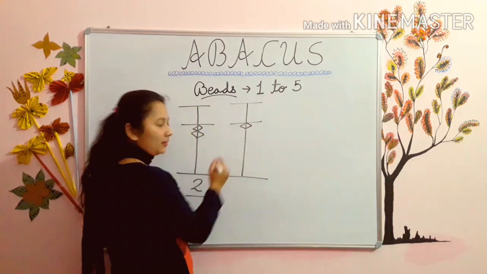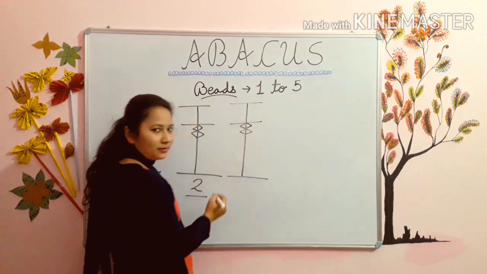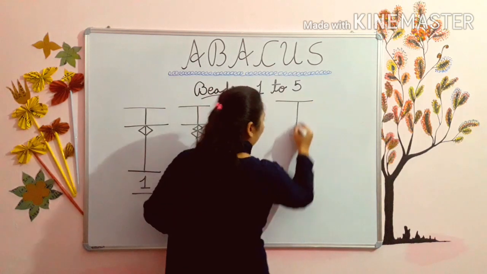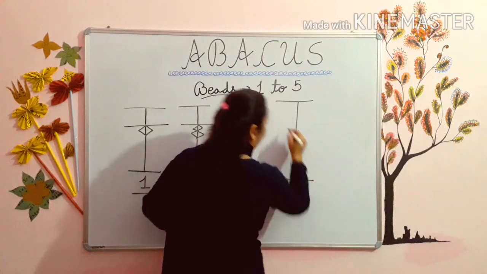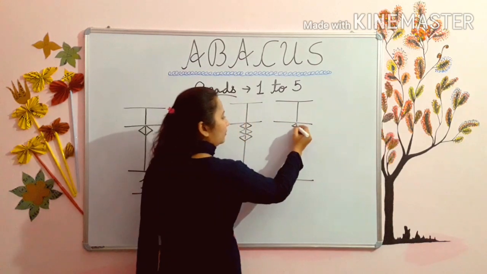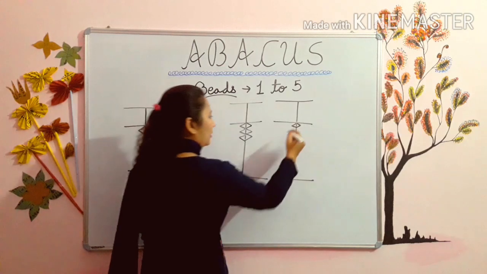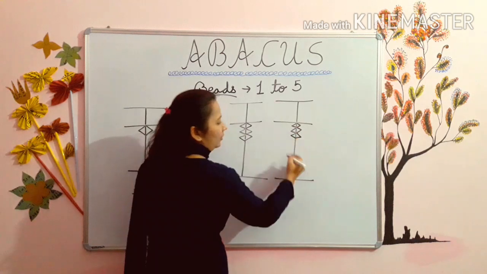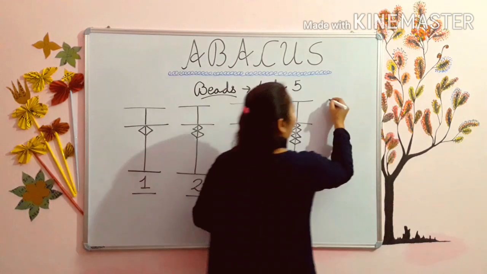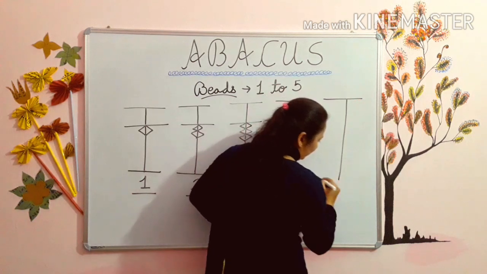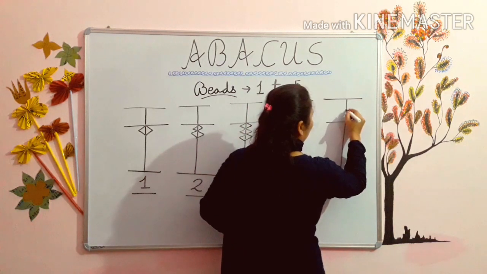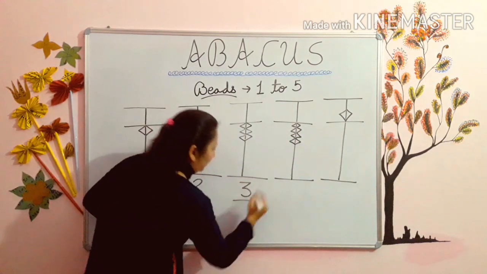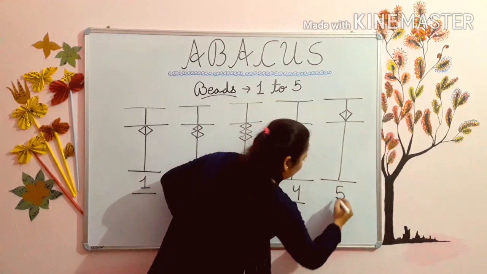One, two, three. See, 1, 2, 3 and 4. And the last one, which is 5. This is 3, this is 4 and this is 5.